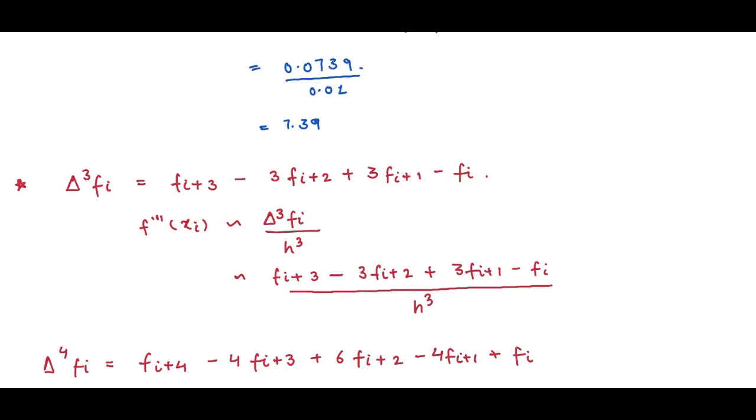So the two have completely different meanings. The second derivative tells us which derivative we are calculating, and the order of h square tells us the accuracy of the approximation. So this distinction is very important.